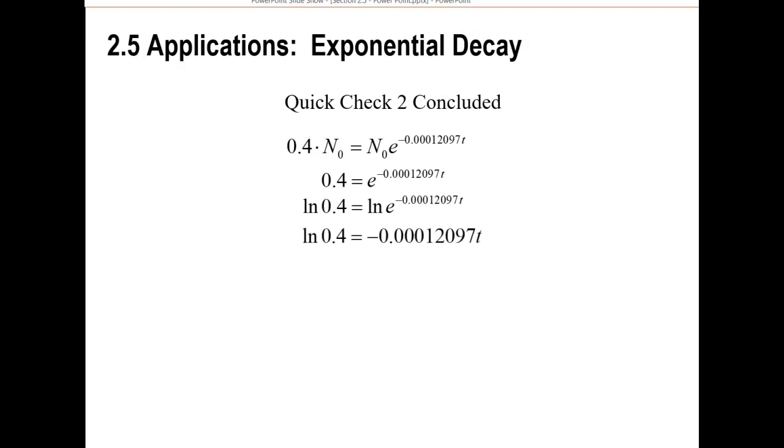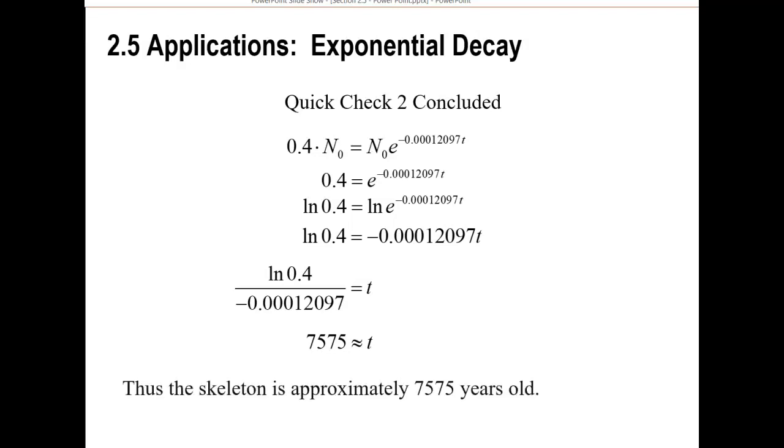The right side will simplify to just the exponent because it's a base e, and the log also has a base e, so our log properties let us simplify to just the power. And then we can divide by the coefficient, that decimal coefficient in front of t. And then on your calculator, that should approximately equal 7,575. So that skeleton would be approximately 7,575 years old.